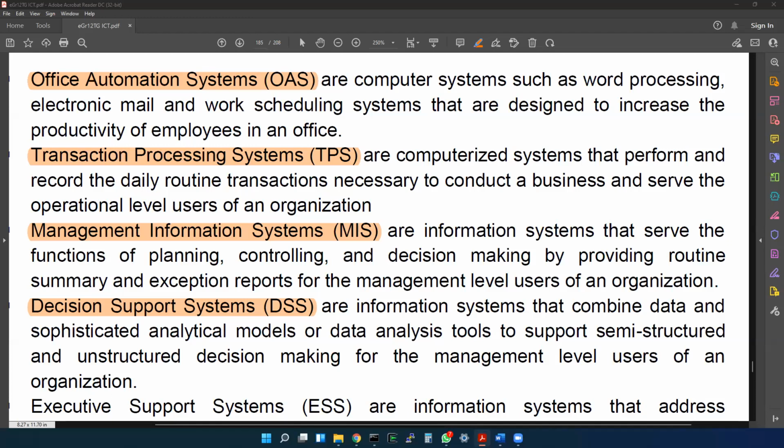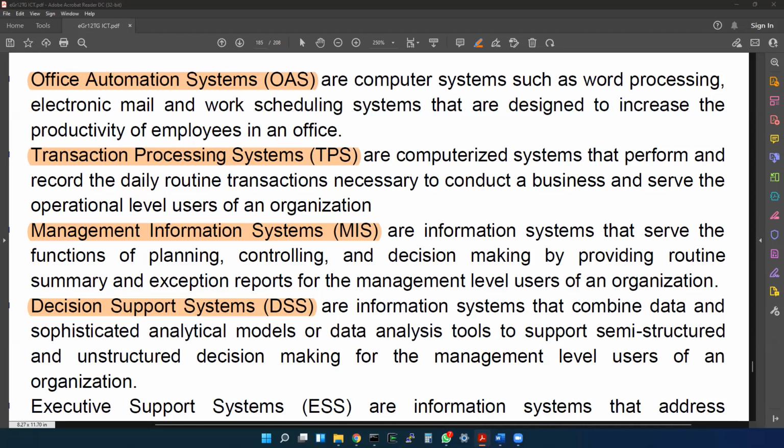Okay, office automation systems, or in short we say OAS, right? So in an office environment, to improve the efficiency, we will have these systems. So what do they use normally? They use word processing, Excel, PowerPoint. So this is for documentation mainly. Then they may use electronic mail.